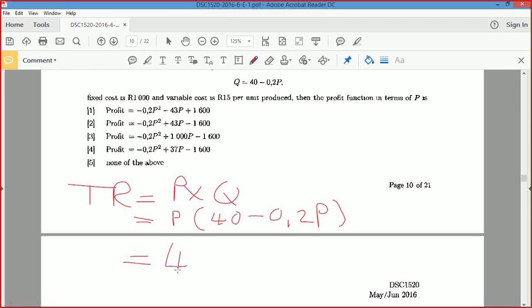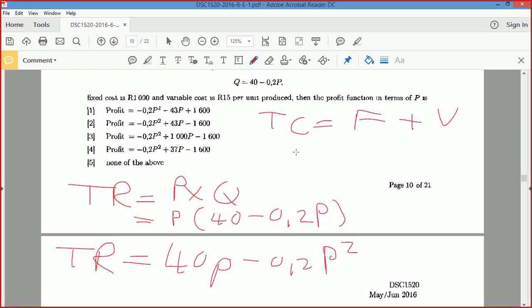Okay, so 40p minus 0.2p squared is total revenue. Okay, I want total cost. How do I get that? Fixed plus variable. Fixed is 1,000. Variable cost is 15 times Q. Do I know what Q is?